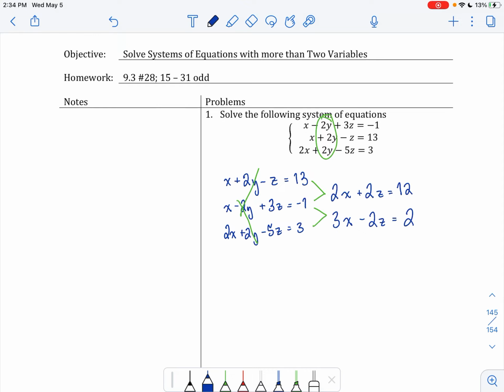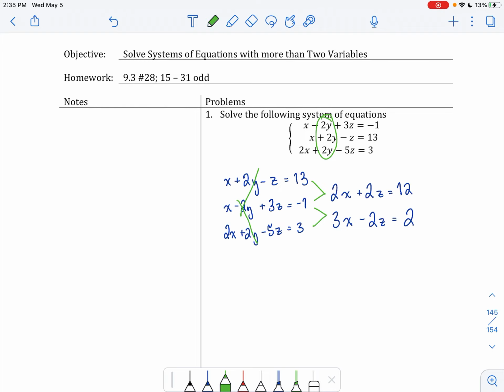All right. So, again, just checking that I haven't dropped any negatives here, right? We've got 2x, 2z, 12, and then 3x, negative 2z, and 2.